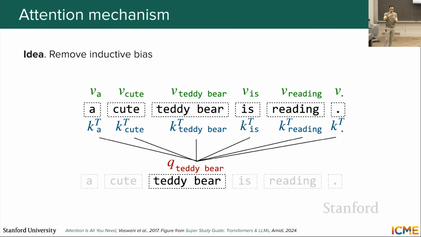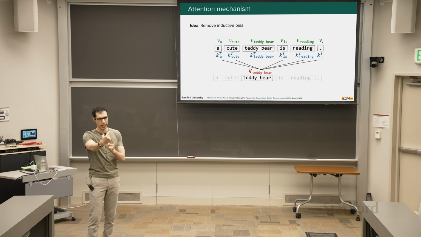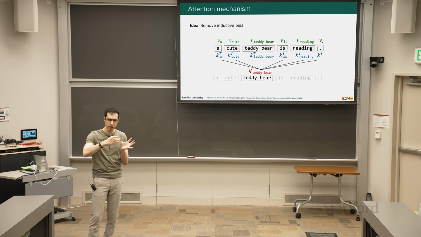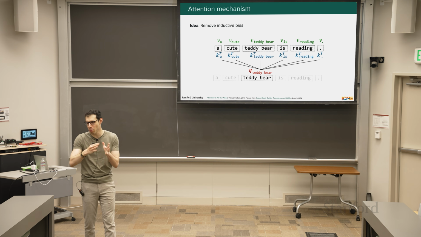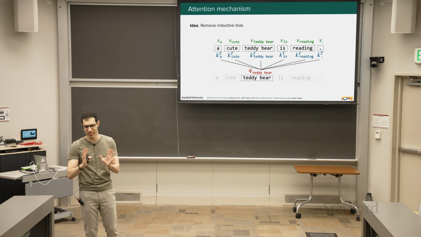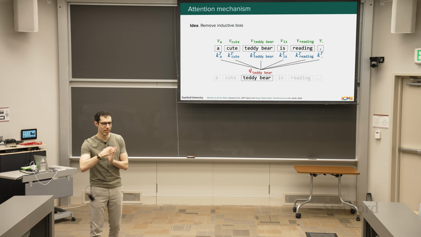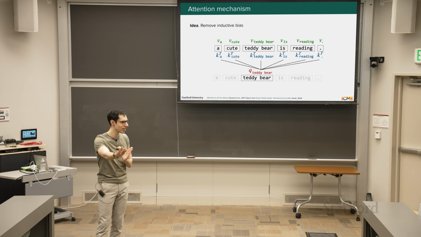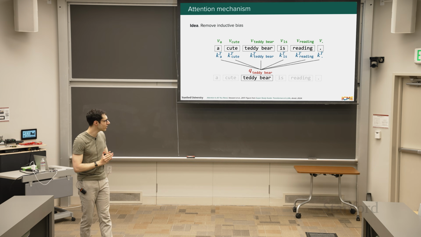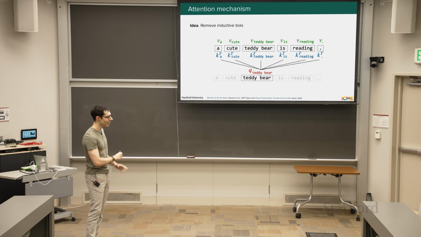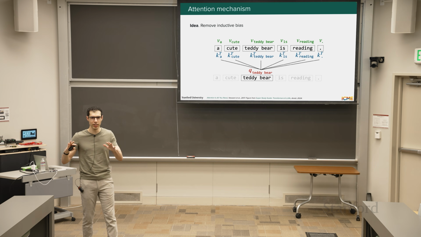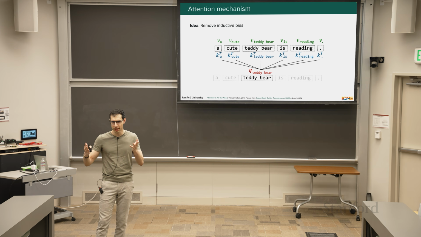So you want to see how the query relates to keys. And then once you know how relevant they are, you take some operation of the two, let's say a dot product that's normalized in a good way, and then you can take the associated value. So that's the attention mechanism, the self-attention mechanism that is aimed at removing the inductive bias.